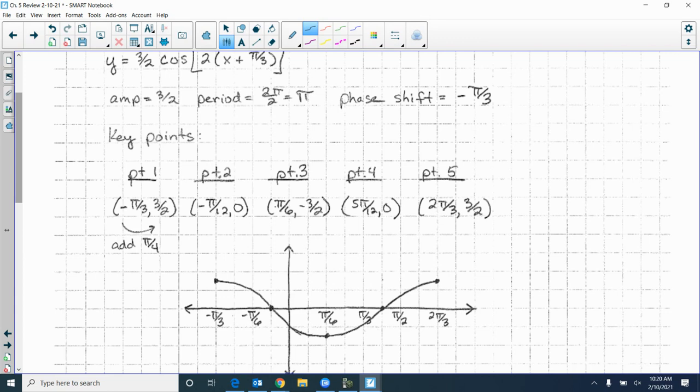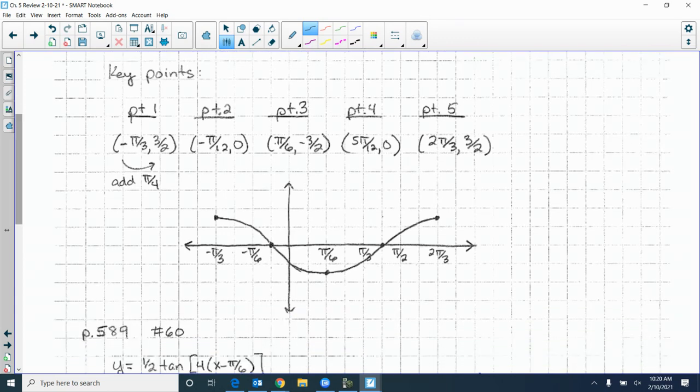Now you need to pick an appropriate scale. I picked pi over 12, and I just marked it every pi over 6. But if you did pi over 6, that's fine as long as you put the points in the right spot. But it should look something like this, with the cosine starting from high, going to low, and then ending up high. But the points, you've got to have them listed.